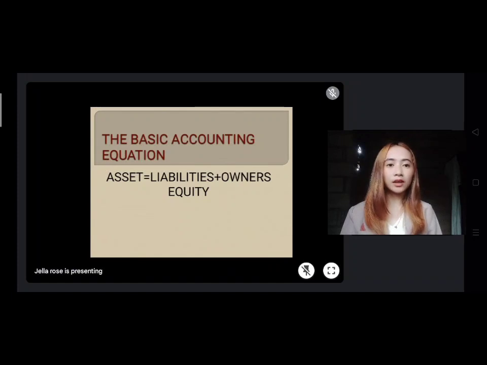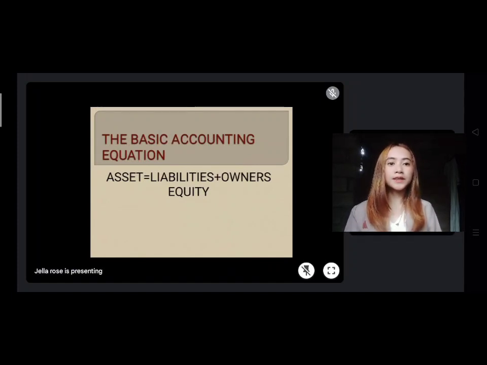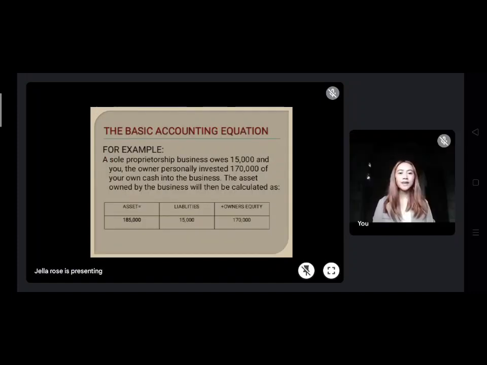The basic accounting equation may also be written as liabilities is equal to asset minus owner's equity, or owner's equity is equal to asset minus liabilities, depending on which information is available to use. For example, a sole proprietorship business owes 15,000 pesos and you, the owner, personally invested 170,000 pesos of your own cash into the business.